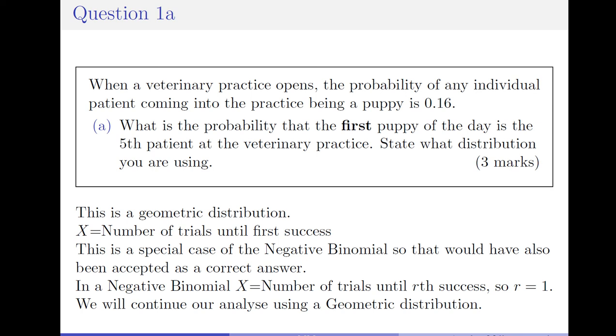In the negative binomial distribution, x is the number of trials until the rth success, so in this case r would be equal to 1. However, to keep the analysis simple, we're going to continue the calculation using the geometric distribution. If you use the negative binomial distribution, you would still get the same answer as if you use the geometric.